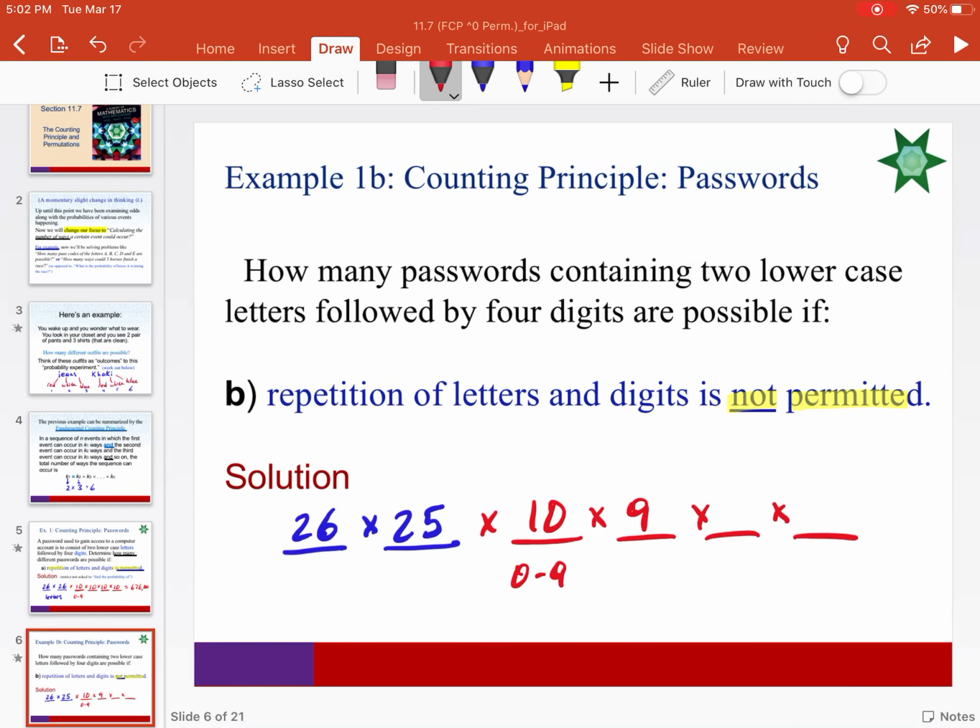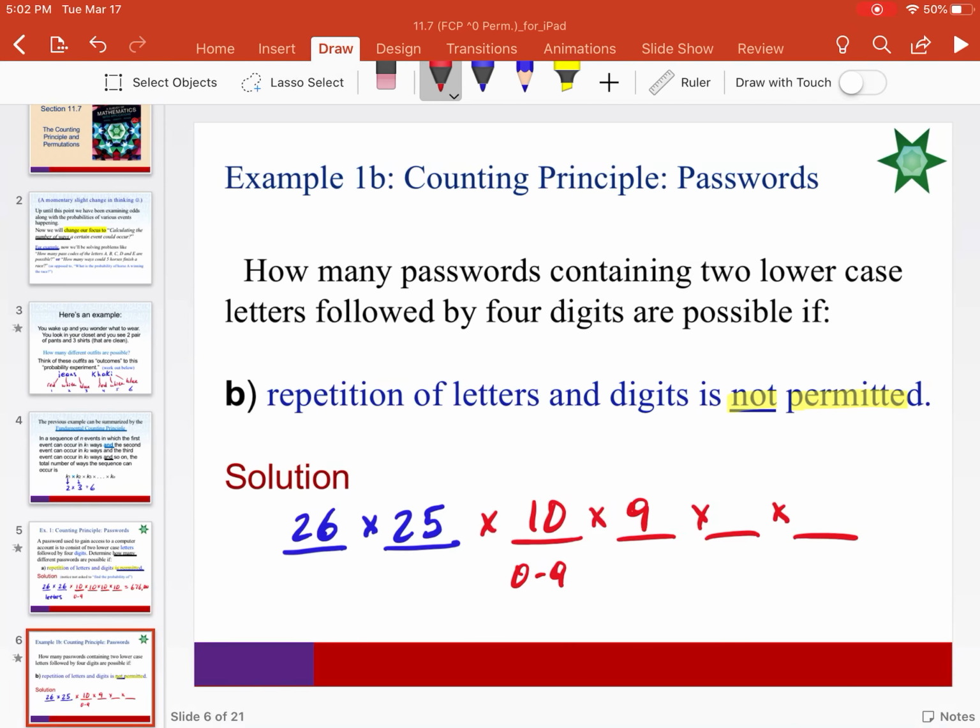So normally we have 10 choices, 0 through 9. We couldn't use 0 for the first time, so say we picked 1. Well, now 0 is in play for the second digit because it just says the first digit cannot be 0. So hopefully you arrived at the fact that you now have 9 choices still because I can use 0. I just can't use whatever number I chose for the previous digit. And now since I can't have any repetition from here on out, I have 8 choices followed by 7 choices.